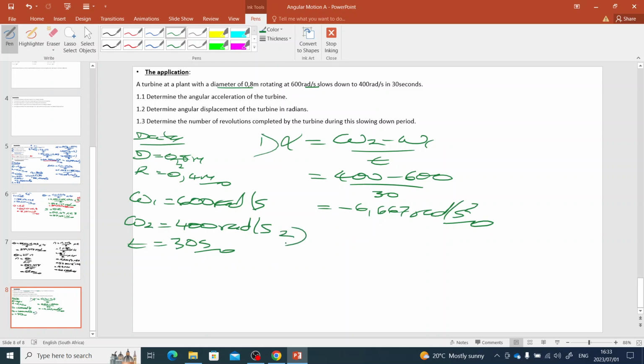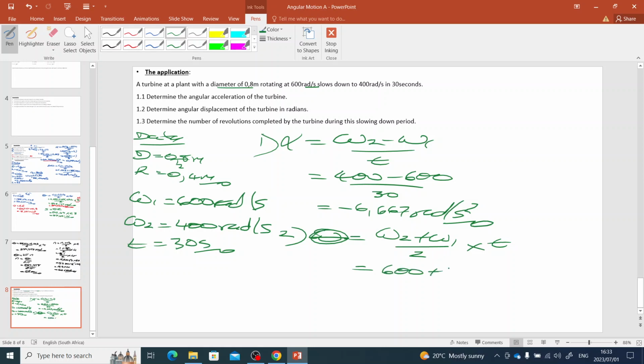Then question number 2: determine the angular displacement of the turbine. In calculating the angular displacement, we know that angular displacement theta equals (omega 2 plus omega 1) divided by 2 multiplied by t. Because this formula suits the given information.